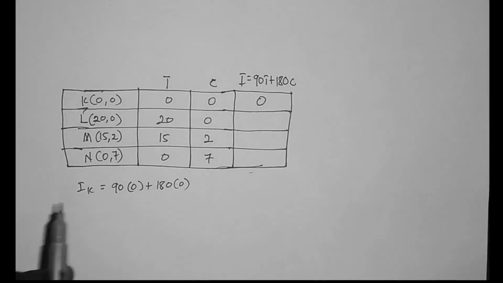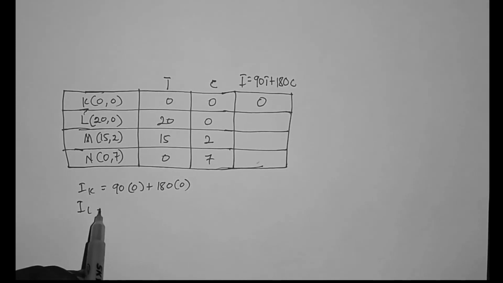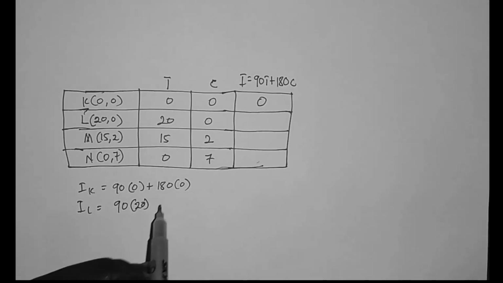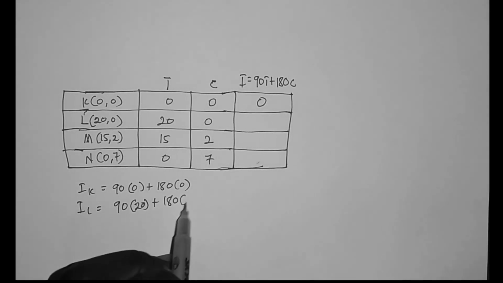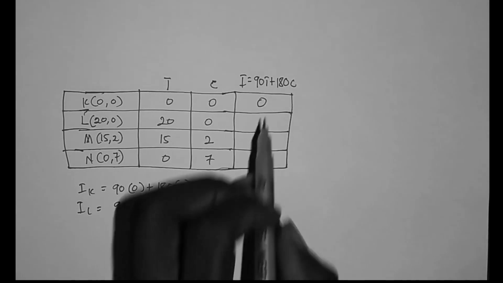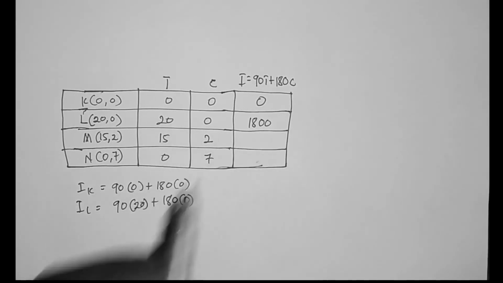Then I of L is 90 times 20 plus 180 times 0, and that will give us 1800.